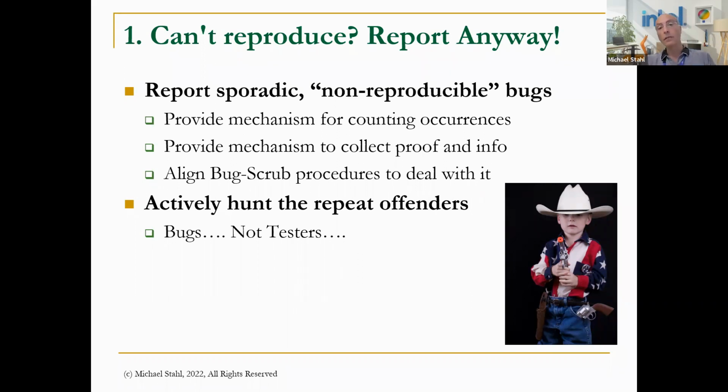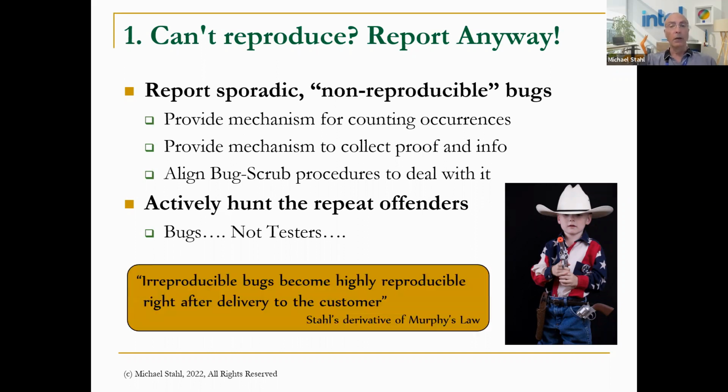These are the ones that you need to start really investing time in finding. Sometimes we'll have a bug that doesn't reproduce and you can't do much about it. But if it repeats again and again, that's my view of the whole thing: irreproducible bugs become highly reproducible after delivery to the customer. So you want to have some way of tracking these non-reproducible bugs.